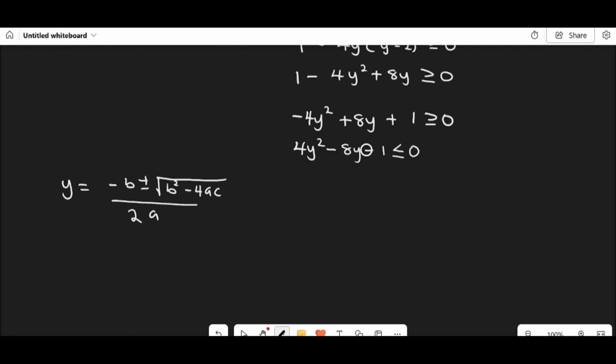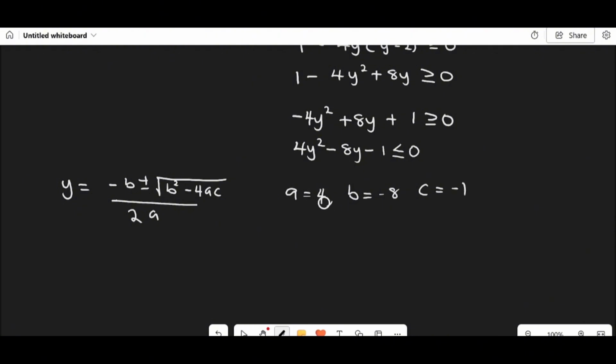If you compare this quadratic with the general quadratic form, our a is going to be 4, our b is going to be minus 8, and our c is going to be minus 1.